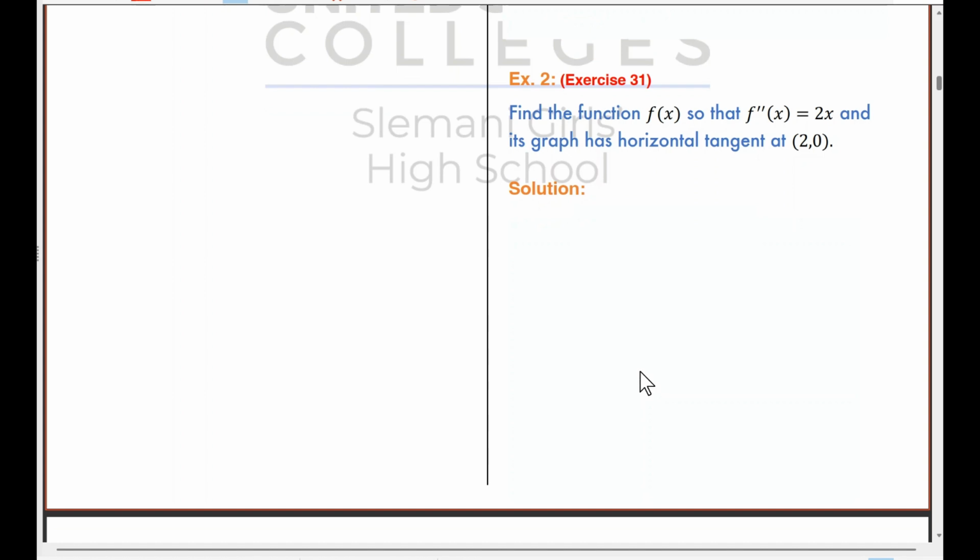Another question, an original question, exercise 31. This time we are asked to find f when f double prime is given. So we're going to do the same twice. In order to find f, we need to know what f prime is. In order to find f prime, we need to know what f double prime is.